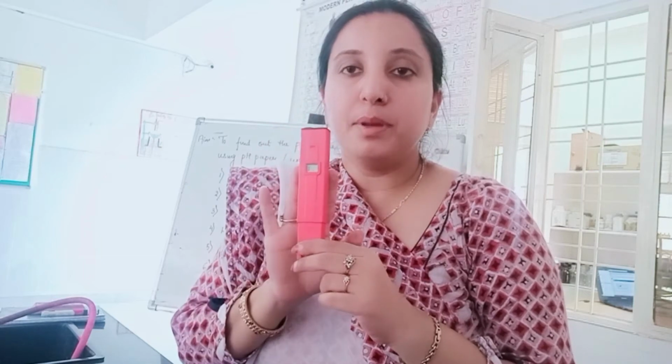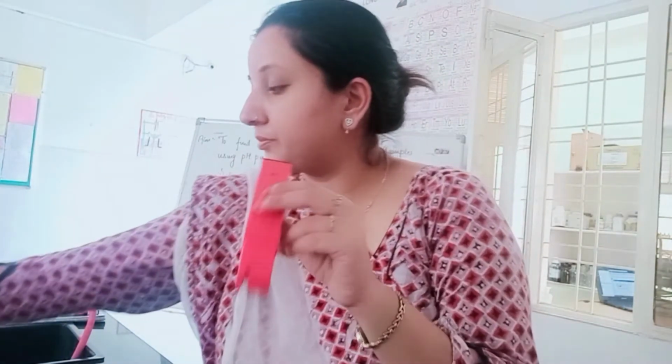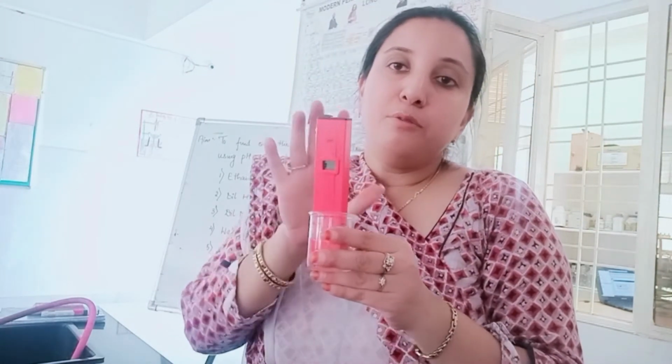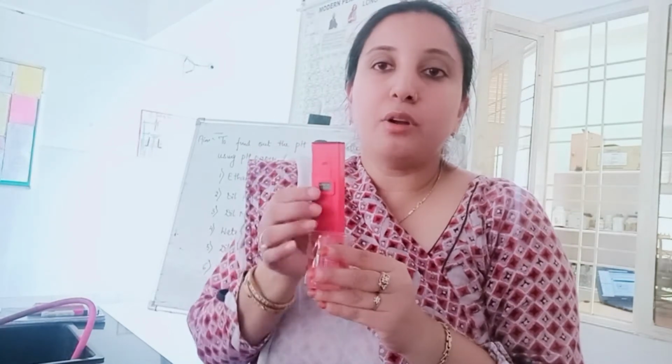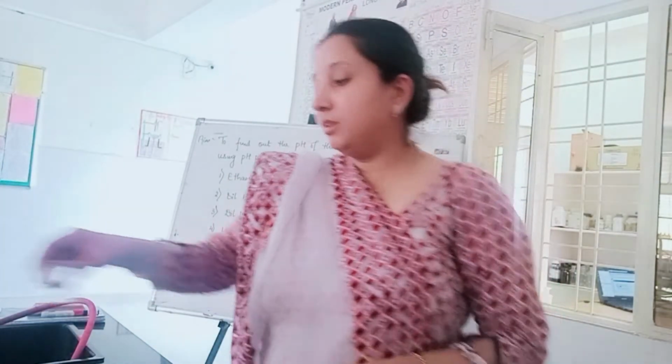This is the pH meter. Over here, this is the electrode. We switch it on from the top and dip it in the required quantity of the substance, till the reading over here becomes constant. So let's start using a pH paper for today.